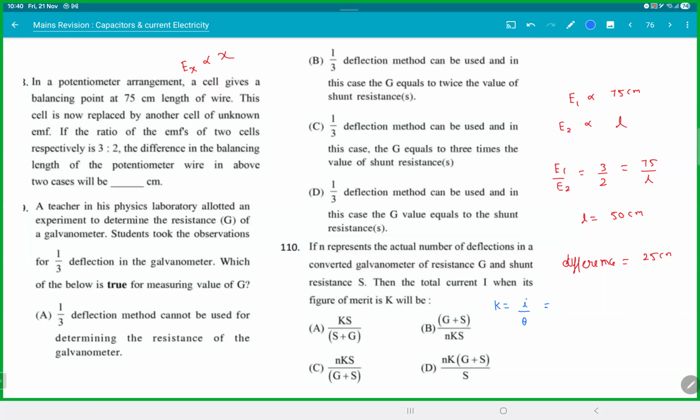Number of deflections in a converted galvanometer. This is only n, right? Or theta by n. Let's say it's a total angle theta, and let's say the number of deflections are 0.1, 0.2, 0.3, that will be n, and each division will give you the total angle.